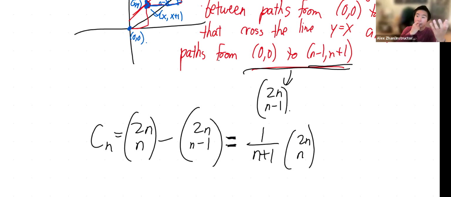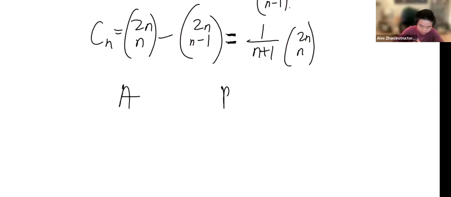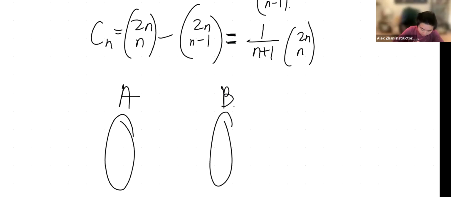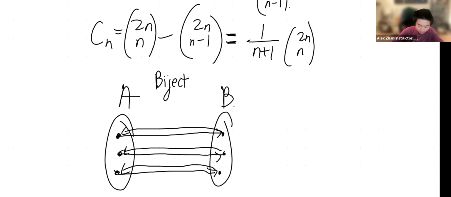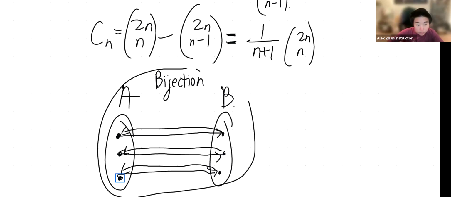Suppose we have two sets A and B. For each event within set A, we show that it maps to exactly one event within set B, and that for each event within set B, you could also map it back uniquely to the event in set A. In this way, we show that there are an equal number of events in set A and B. So that's what a bijection would be. Yeah, a one-to-one relation.